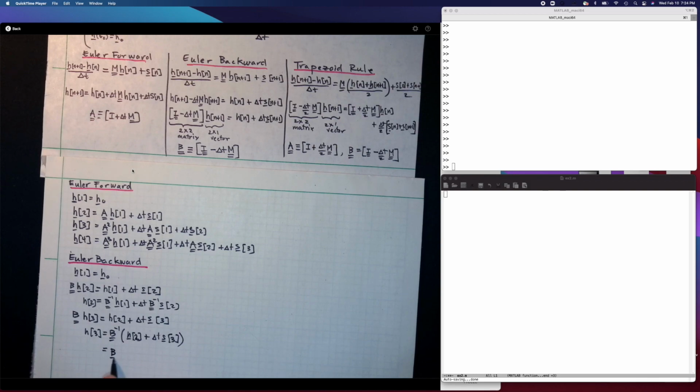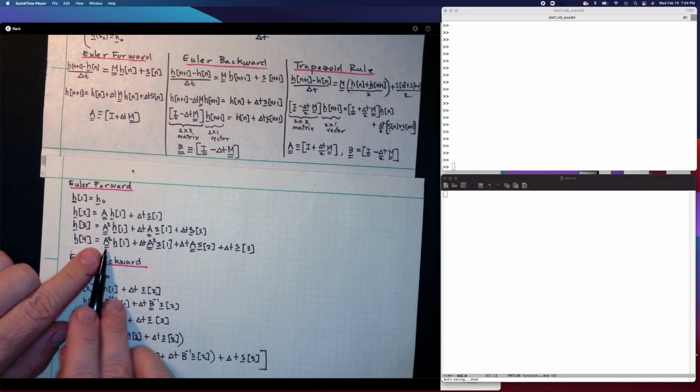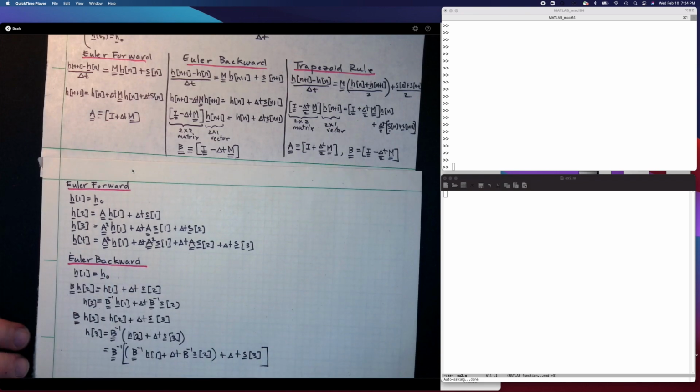Substitute in, I get B inverse of B inverse of h1 plus delta t B inverse of s2, plus delta t, I need this inside the bracket, delta t s3. So for the Euler backward you get repeated application of the inverse B matrix, whereas over here you get repeated application of the A matrix. And then let's do the trapezoid rule.